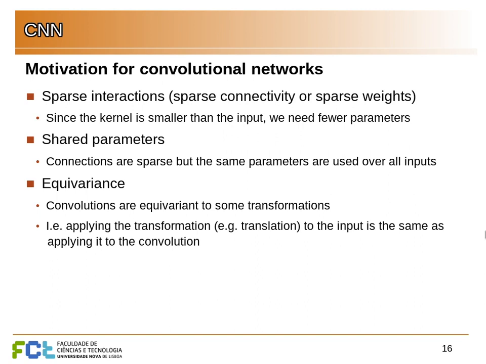So we don't have to adjust many parameters independently. This results also in equivariance, which is a change in the input, a translation, will result in the same change in the output of the convolution layer.